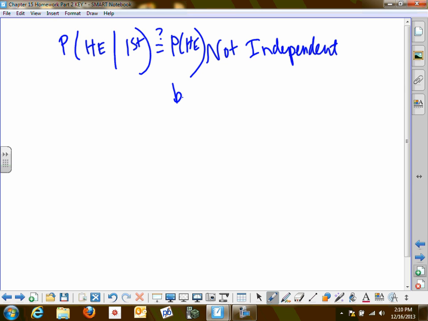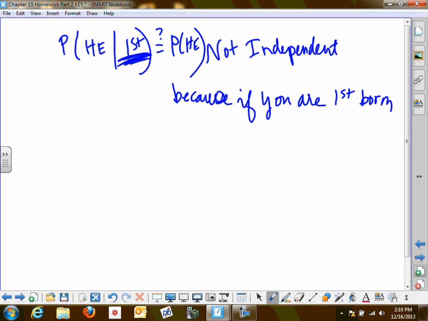I said because if you are, what? That's where you start. If you are firstborn, because if I know something like that, if you are firstborn, then what does that do? This percent was 13%, and this percent was 19%. So if I know you're firstborn, then you are what? Compare those percentages. Good.